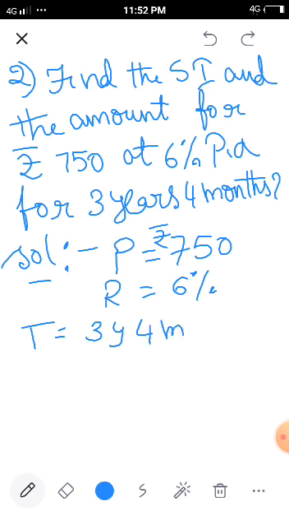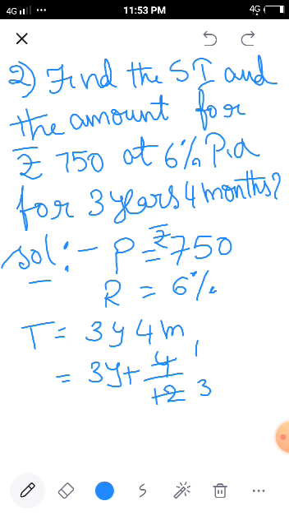Here both years and months are combinedly given. So we have to convert the years and months into complete years. How will we convert these years and months into years? These 3 years plus 4 months, we have to convert into years, that is 4 upon 12, because 1 year equals 12 months.